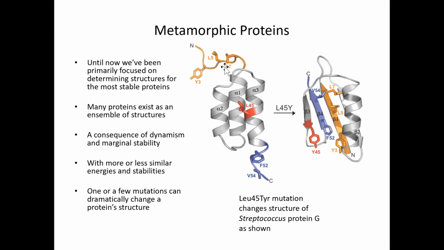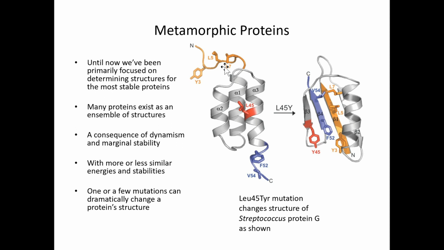Now, we spent a lot of time talking about proteins so far, but we've been focusing on the most stable versions of proteins, because they're the most simple examples to start with. But not all proteins are like that. There's a lot of room for small modifications to make large differences.